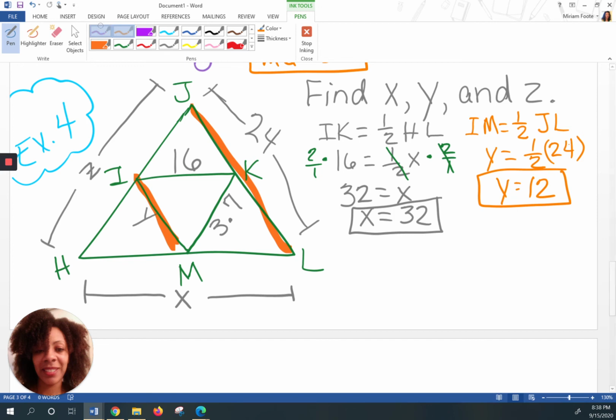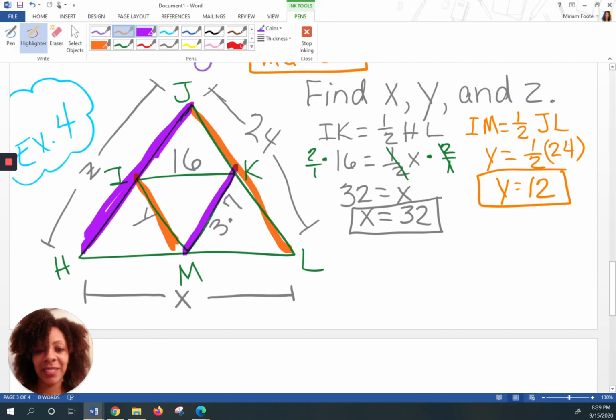And finally, let's find z. So z is over here. And I want to see, well, what's parallel to z? So this midsegment is parallel to z.